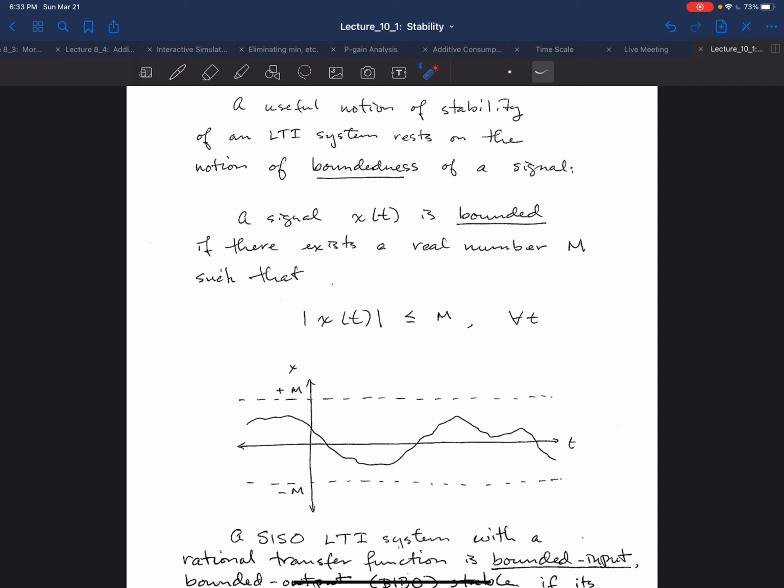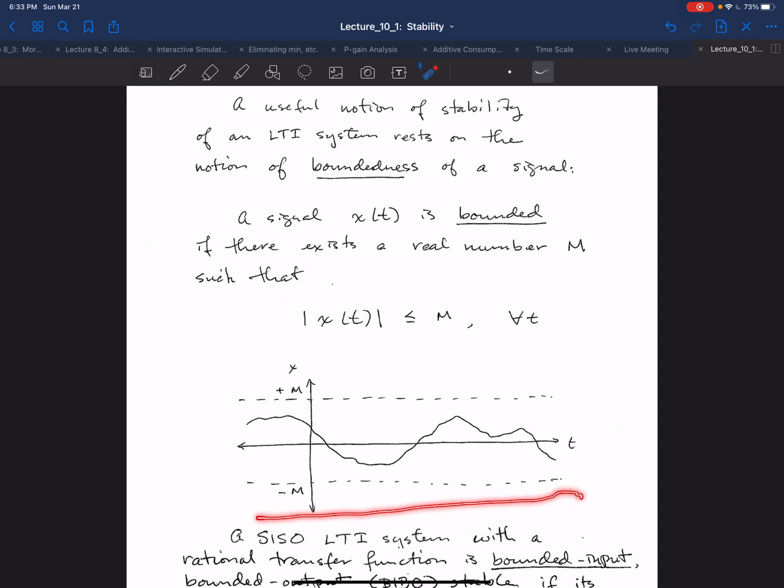So what do we mean by that? Let's take the case of a real valued signal, just because it's easier to draw pictures. So we say that a signal x of t is bounded if there exists some real number m such that the absolute value of x of t is less than or equal to that constant real number m for all values of t. So the picture would look like this.